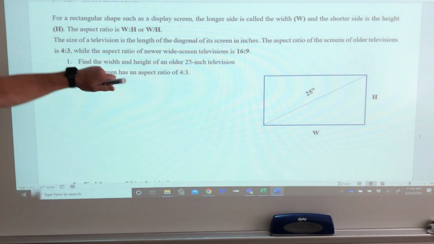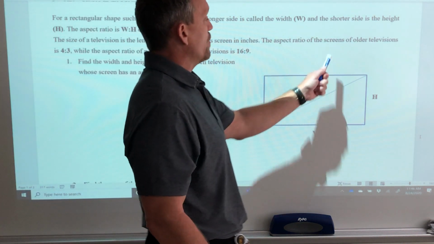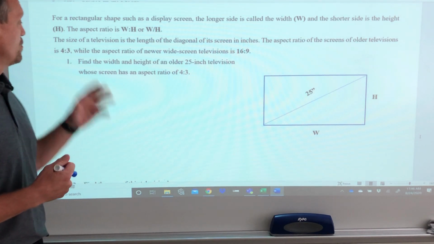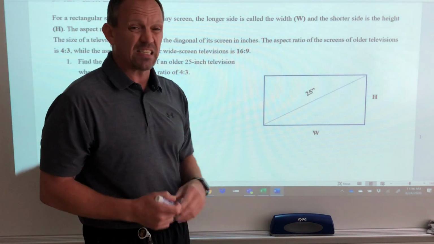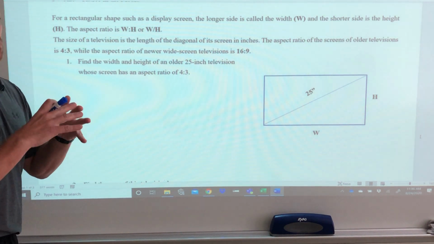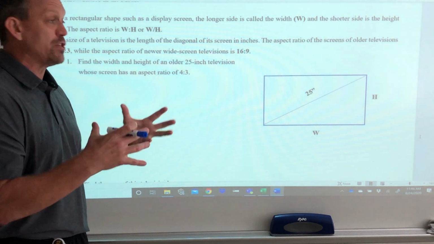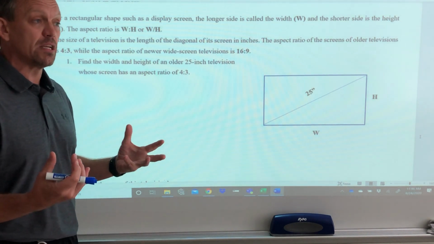So the size of a television is the length of the diagonal of its screen in inches. The aspect ratio of the screen of older televisions is 4:3, while the aspect ratio of newer widescreen television is 16:9. So if you had an older one that had a ratio of 4:3, you could probably go into your settings and change it to 16:9.